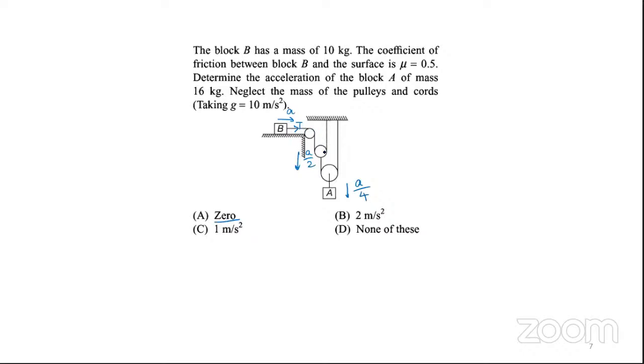Now, if this is tension T, so over here will be 2T, and over the mass A will be 4T.